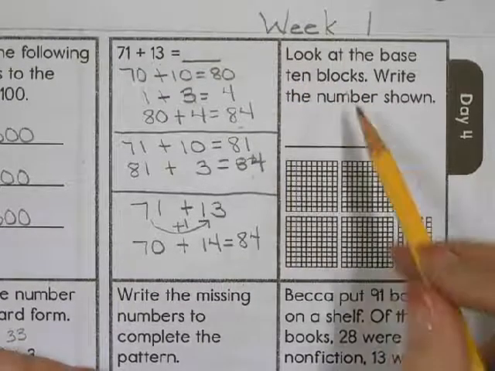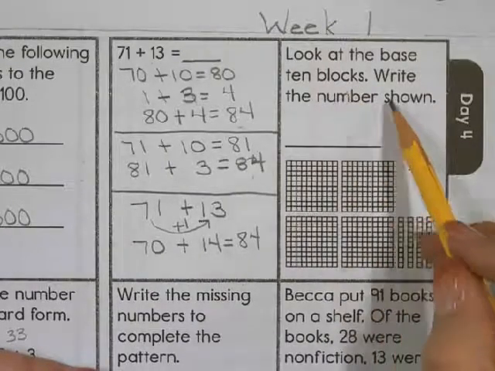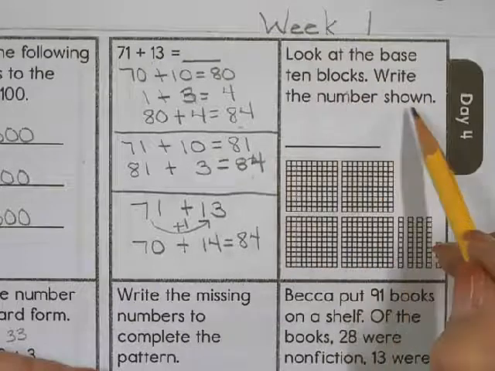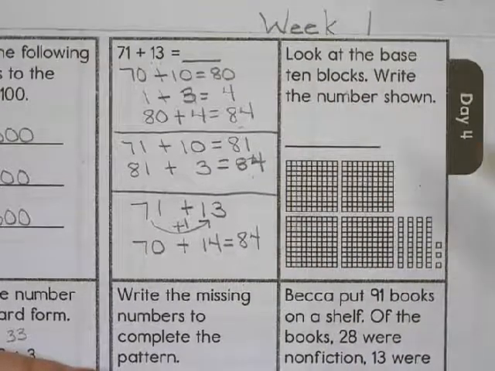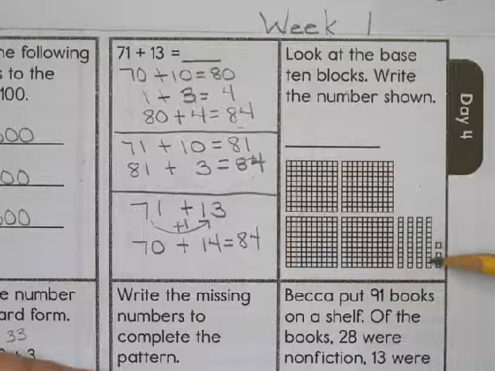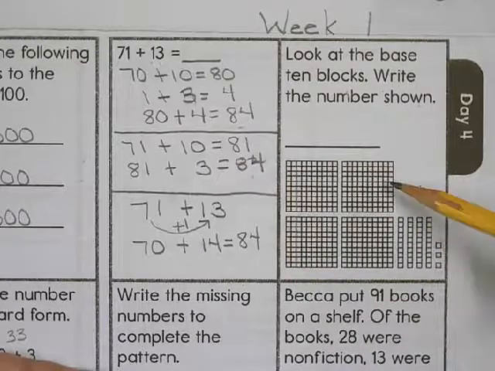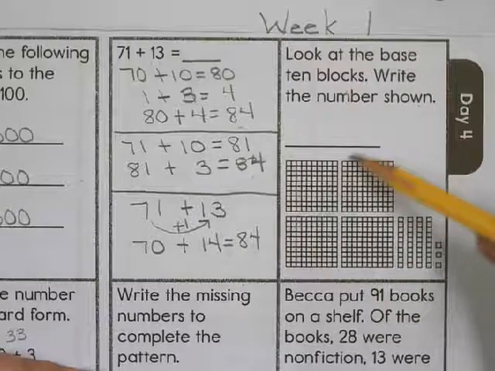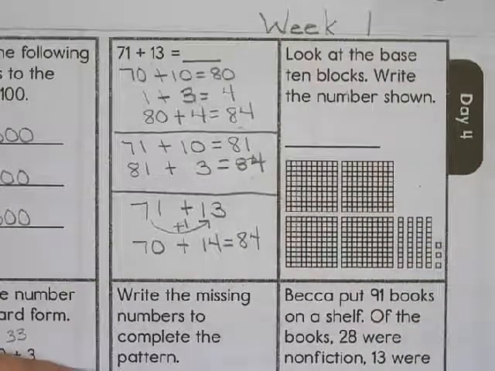If we take a look at the next problem, it says look at the base 10 blocks and write the number shown. We understand that these are the ones, and it takes 10 ones to make a 10 rod, and then it takes 10 tens to make a 100 flat. So we're going to write this in standard form using our base 10 blocks.